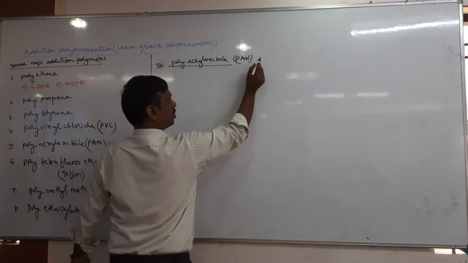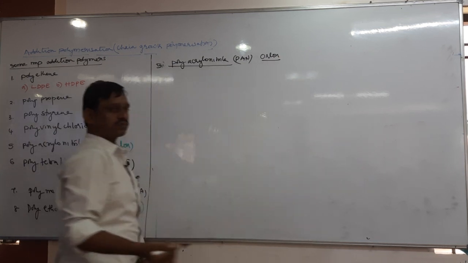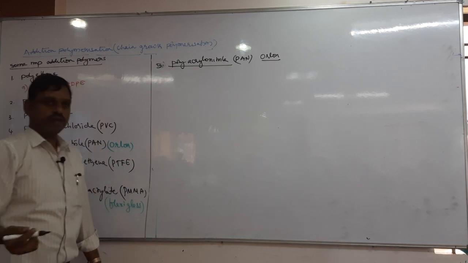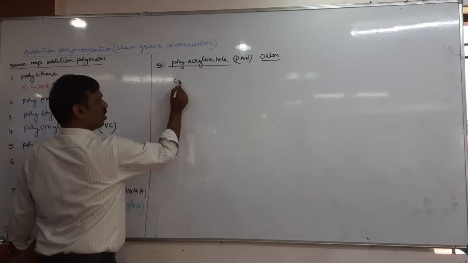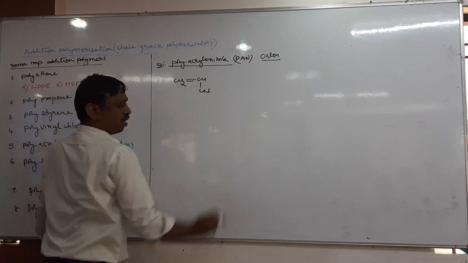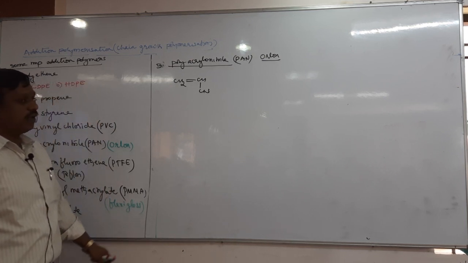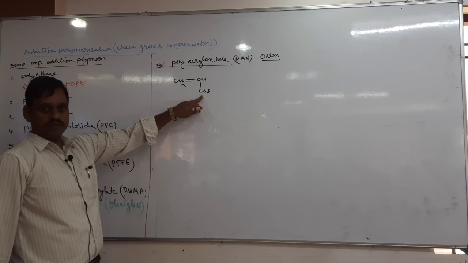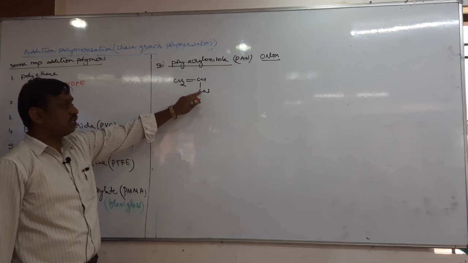Its commercial name is Orlon. Okay. And tell me, what is the monomer of polyacrylonitrile? It is acrylonitrile. Right. So in vinyl chloride, there is a chlorine here; in acrylonitrile, in place of chlorine, CN will be there.